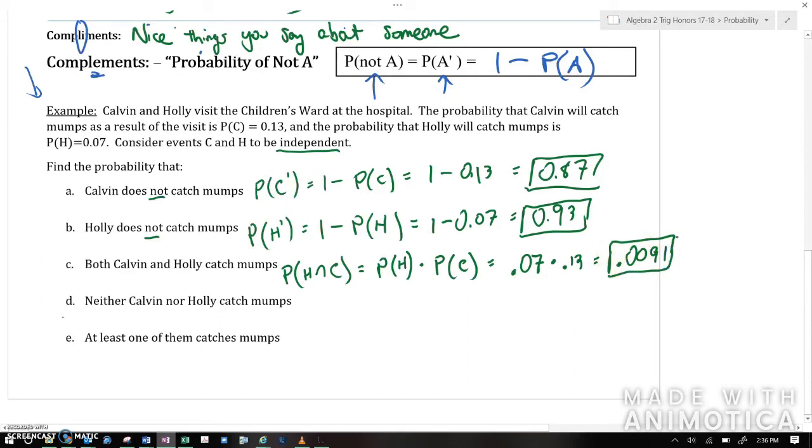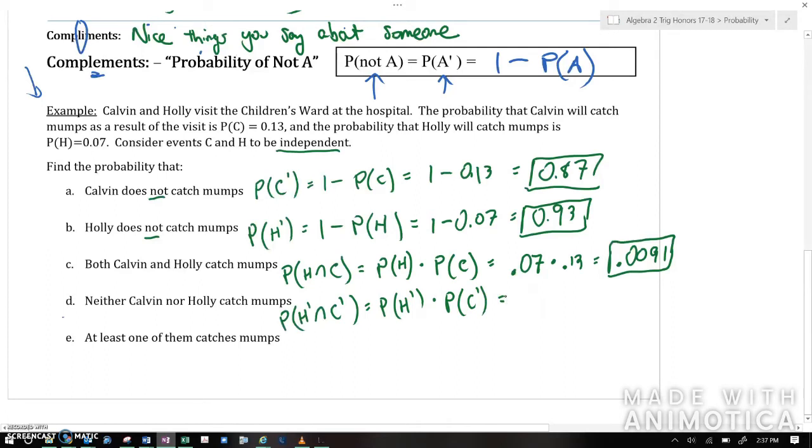Next, we want to find the probability that neither Calvin nor Holly catch mumps. So in this case, we want another and probability, but this one is going to be H prime and C prime. And once again, because these events are independent of one another, we can use the property that we can multiply to get that probability.